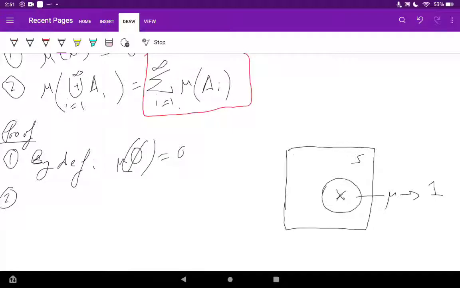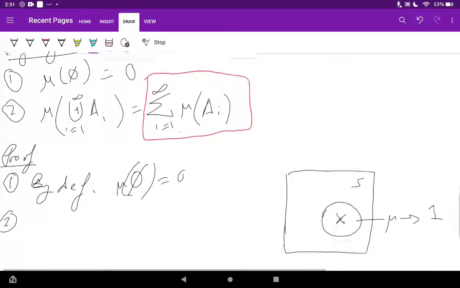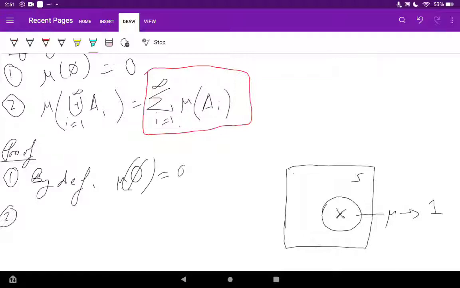And similarly, we can see here that when this measures the empty set, it gives you 0.